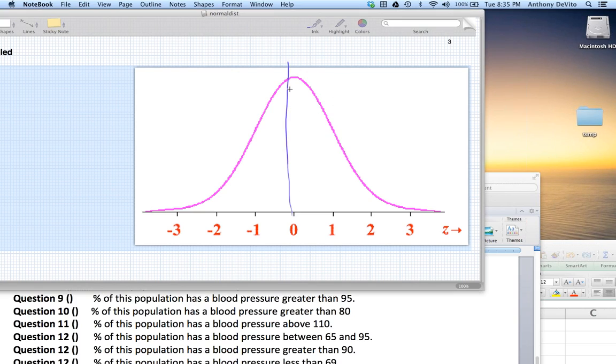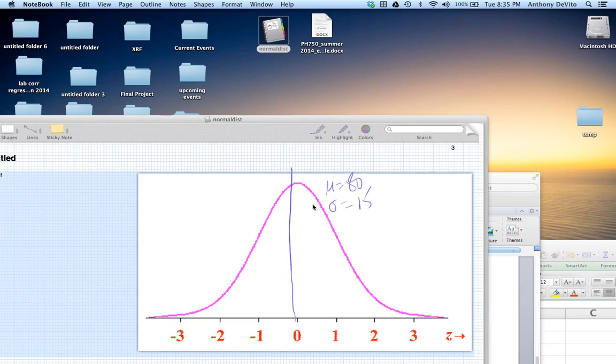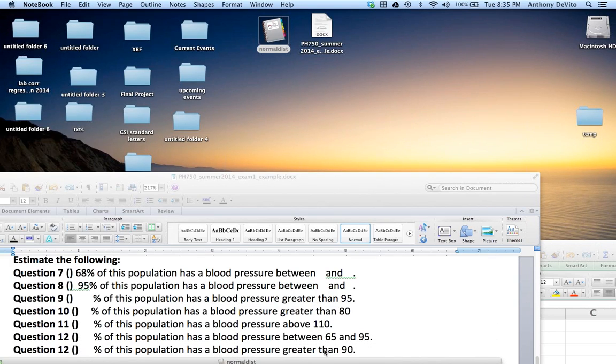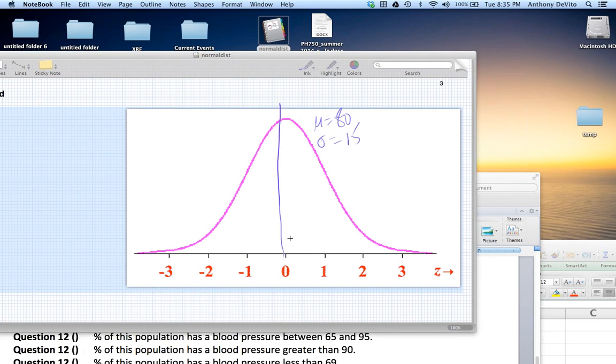This is 80. The mean is equal to 80. Standard deviation is equal to 15, right? And I just asked what percentage of this population has a blood pressure greater than 90, right? Well, where's 90? One standard deviation above is going to be 95.